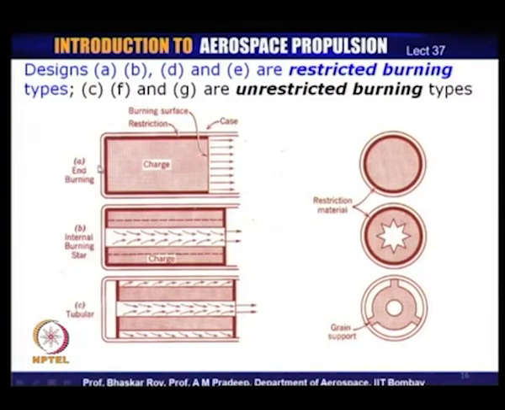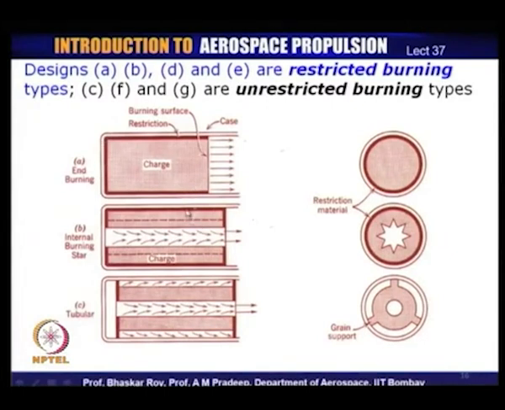So, A and B in this figure are restricted burning. These linings restrict the burning. They do not allow those surfaces to participate in the combustion process, and hence this is called end burning. That means only one end is open for combustion or burning. All the other surfaces are closed to the burning process.